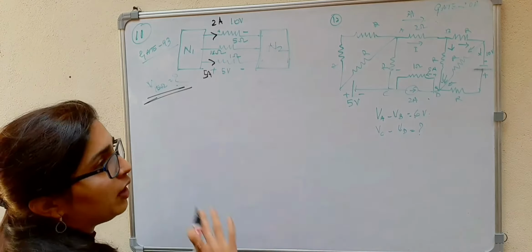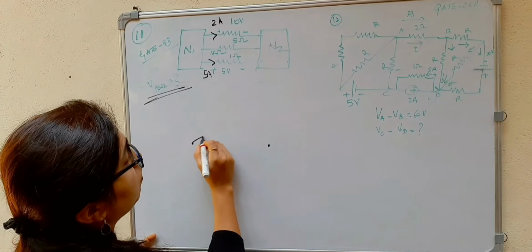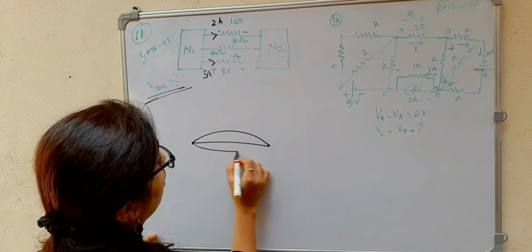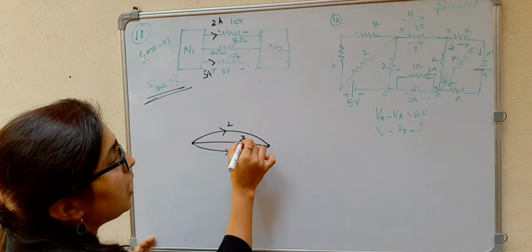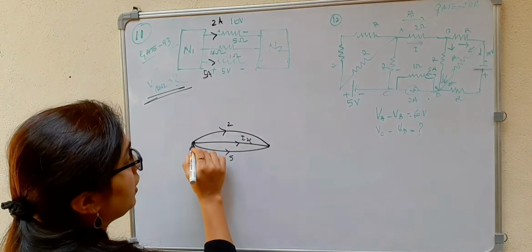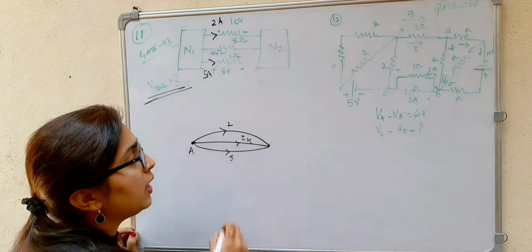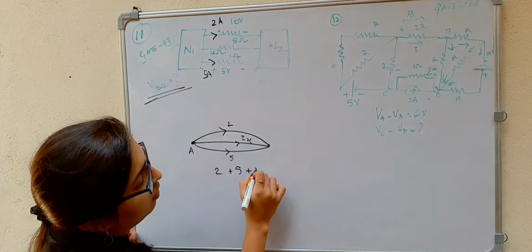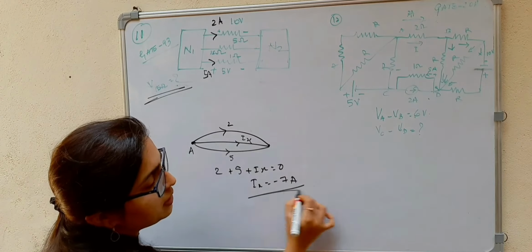We can find the current now. If this is a point, we have 3 paths here. This is 2 amperes, this is 5 amperes. If this is the unknown current Ix, now I can consider at this node A that the sum of incoming and outgoing currents is equal to 0. So Ix can be considered as minus 7 amperes.